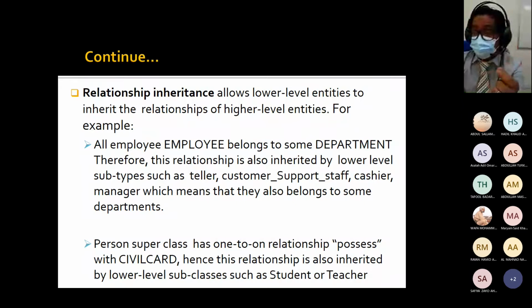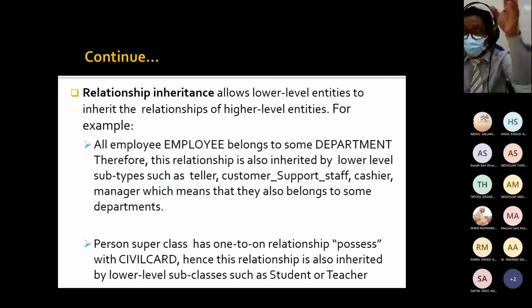Relationship inheritance. So we know already what's the purpose of having relationships in an ER diagram, right? So in this case now, how can we work with relationship inheritance? The lower level entities are going to inherit the relationships of the higher level entities, definitely, because just like what we have shown in the approach of attributes, all the attributes will also be inherited by the different low level entities.